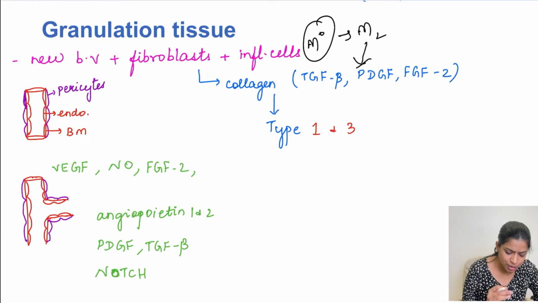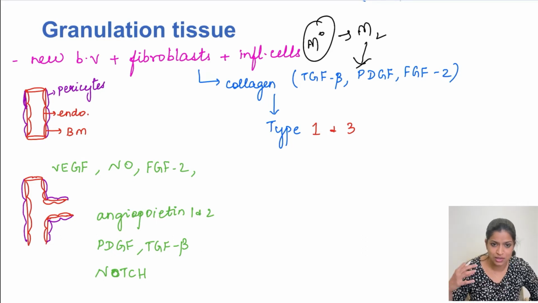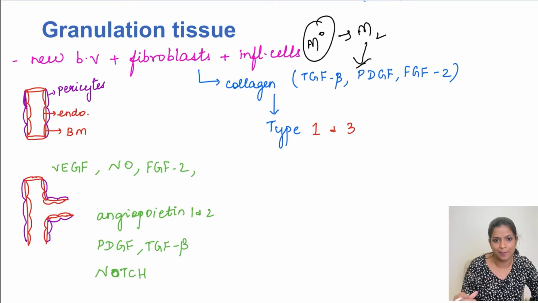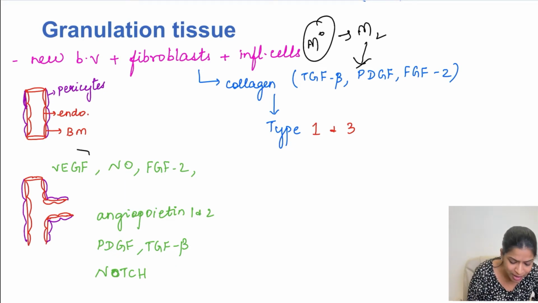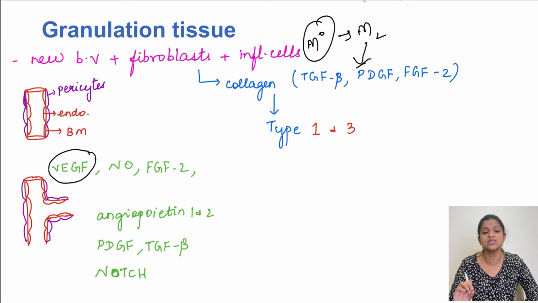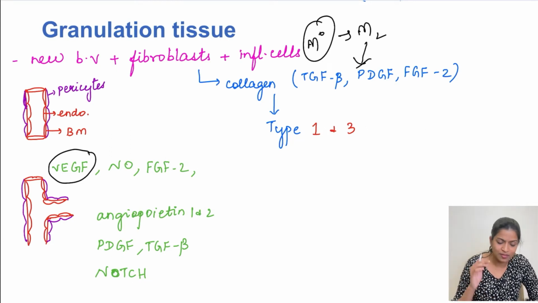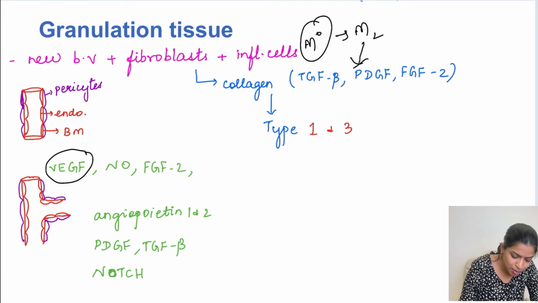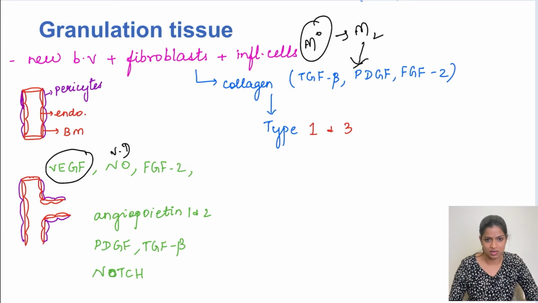So when new angiogenesis has to take place, the sprouting of the blood vessel is going to happen, and this is going to be regulated by a very important cytokine, which is VEGF, vascular endothelial growth factor. VEGF is the most important cytokine responsible for neoangiogenesis. For neoangiogenesis to happen, the first step will be vascular dilatation, and that is going to be mediated by nitric oxide.